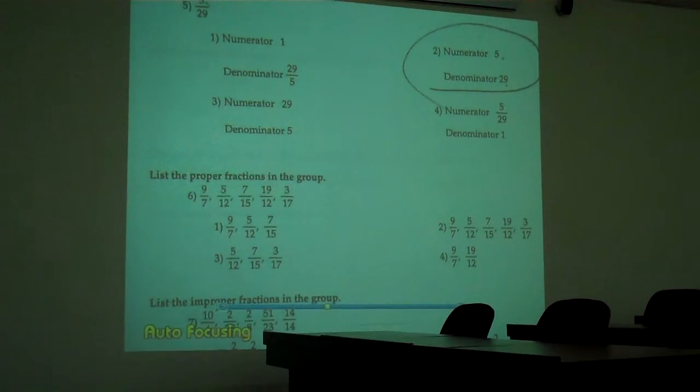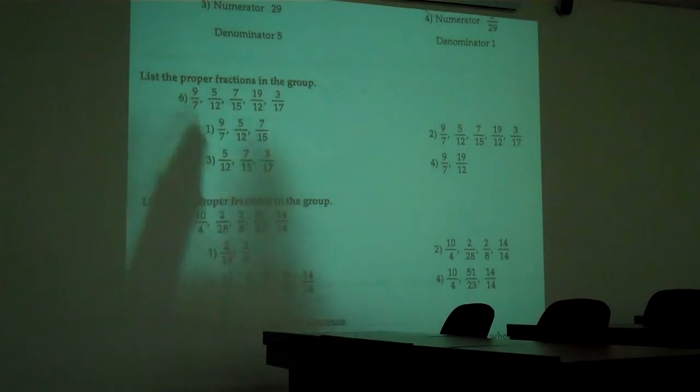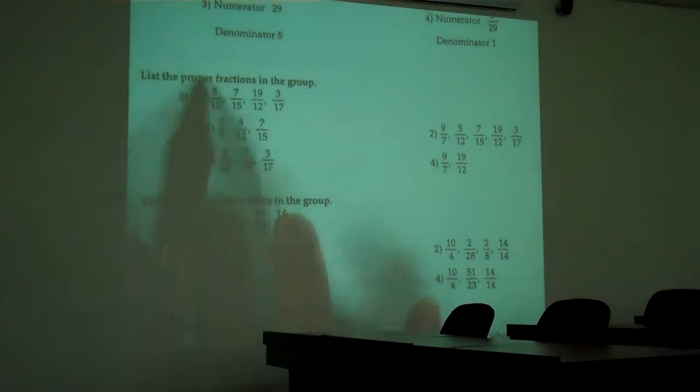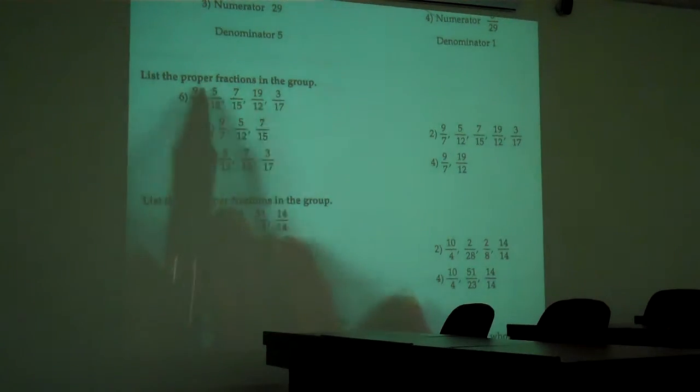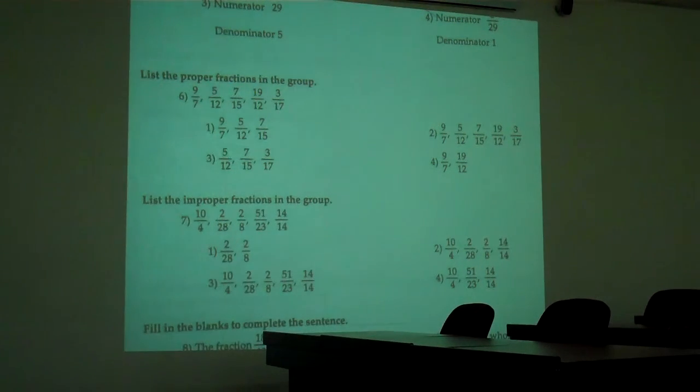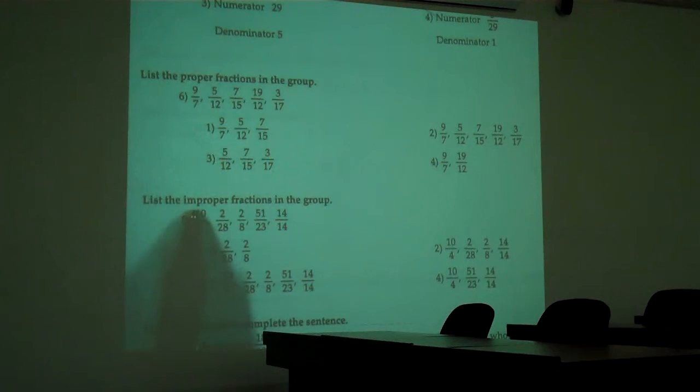Okay, list the proper fractions. What's the difference between proper and improper? Proper is what? The top is smaller. Improper, the top is bigger or the same. It's either greater or the same.